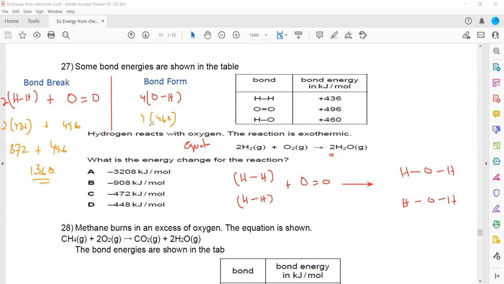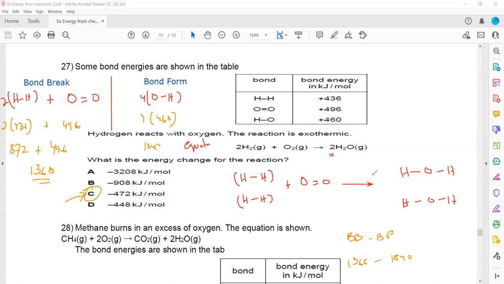And the bond forming, that is 4 multiplied by 460, that is 1840. And bond breaking minus bond forming, so 1368 minus 1840. So the energy change will be minus 472.